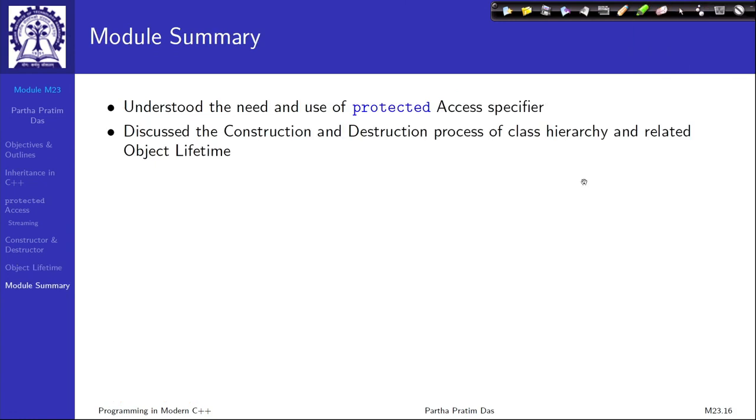So, this brings us to the end of this module, where we have understood the use of the protected access specifier, and in particular how it helps in providing the preservation of information hiding in a proper manner on the hierarchy, and then we have discussed the very critical construction and destruction process of class hierarchy and the related object lifetime.